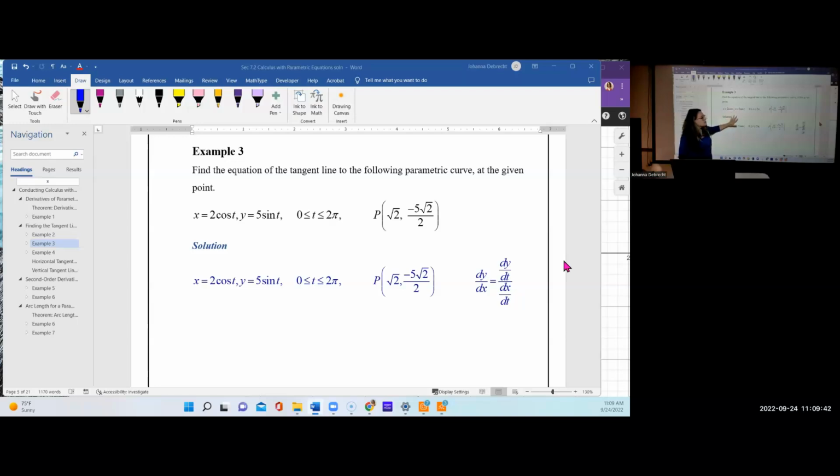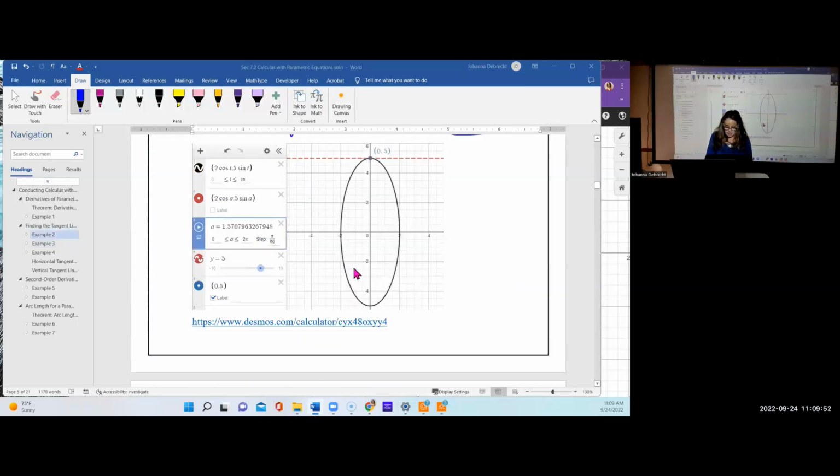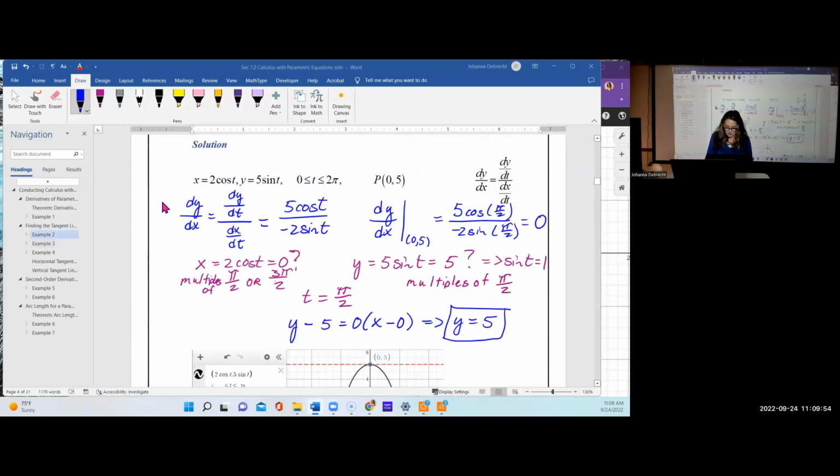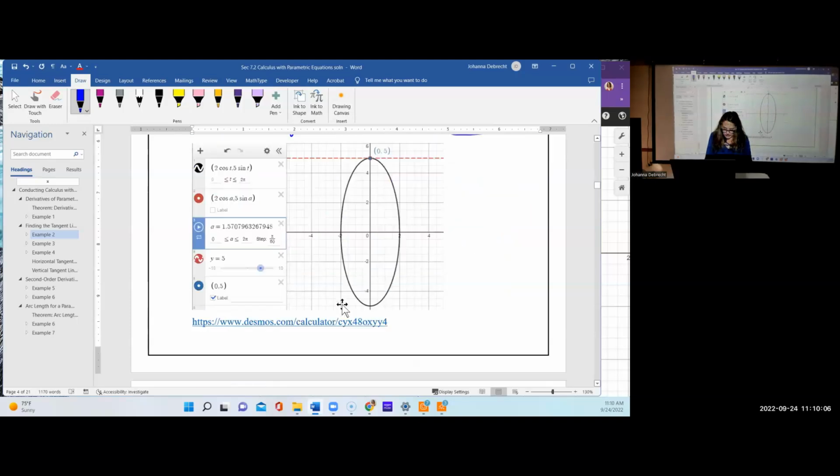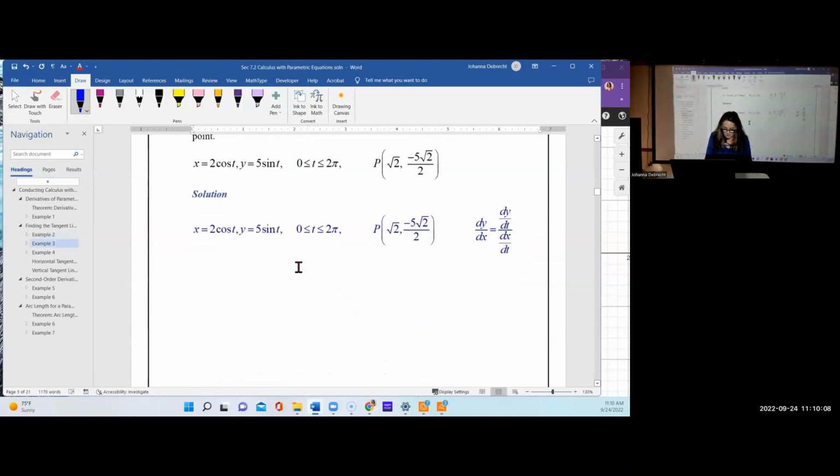Now, we've already found the equation of the tangent line. What we need to do is evaluate it at a particular point. So let's go to the work that we did previously. This is exactly the same equation. I'm going to take that value right there and paste it down here.